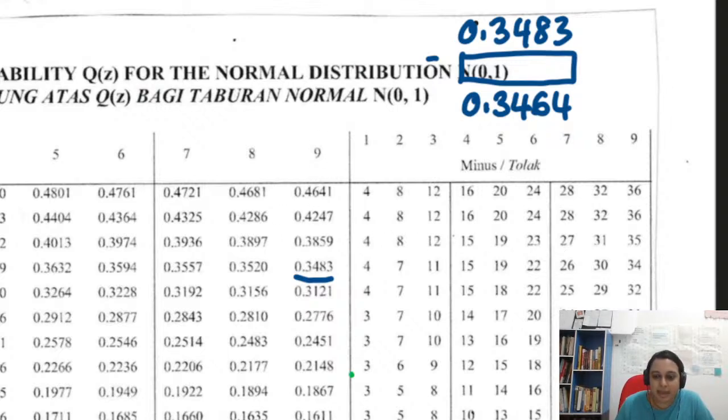Yeah, looks like we have 19 there. Here, 19. So you minus and see, are you getting it or not? 0.0019. 0.3483 minus 0.0019 is 3464. You are getting exactly, right?